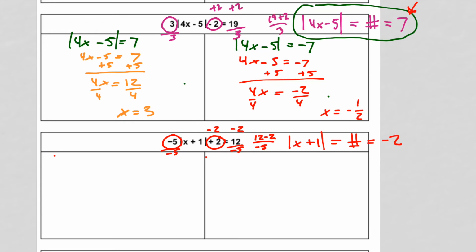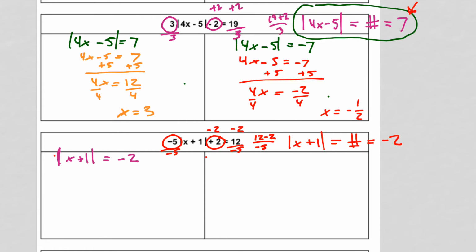And now we have basically a positive and a negative side with which to begin. So you have the absolute value of x plus 1 is equal to -2. This is the side that's unaltered, if you will.